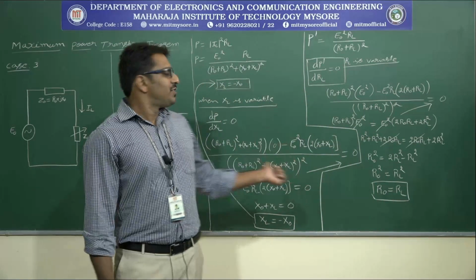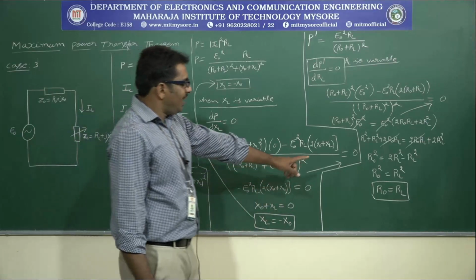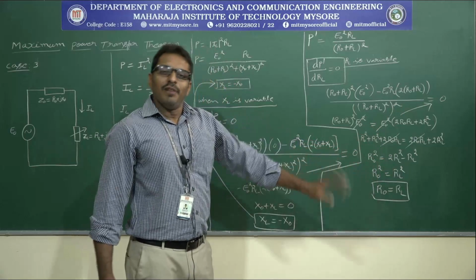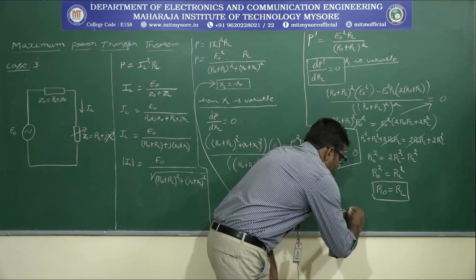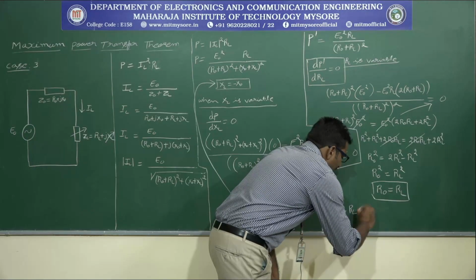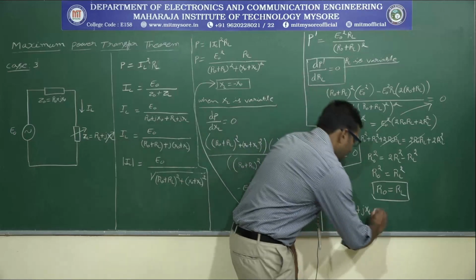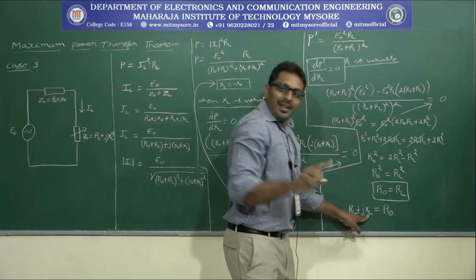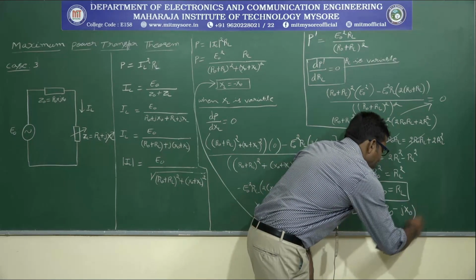So only when XL is variable, XL is equal to minus X naught. Only when RL is variable, RL is equal to R naught. When both are variable, ZL is equal to RL plus j XL. What is RL? R naught. What is XL? Minus X naught. Therefore, minus j X naught.